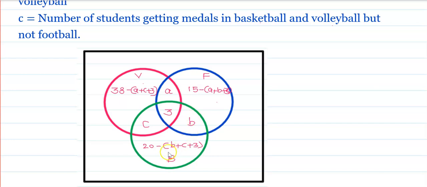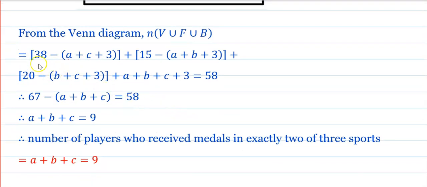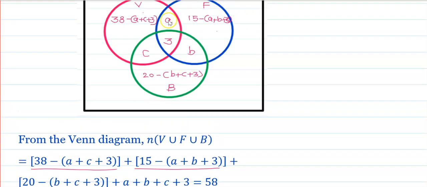Okay, and here the last, 20 minus in bracket B plus C plus 3. See this here. That is 38 minus, this is the first part, next this is the second one, and this is the third one. And lastly, we add A plus B plus C plus 3.